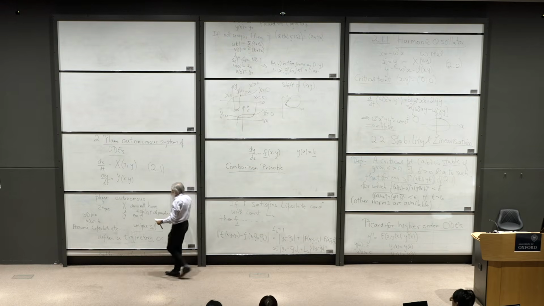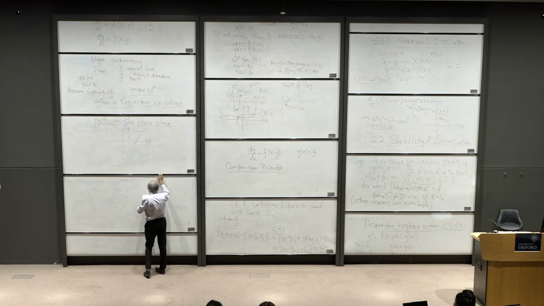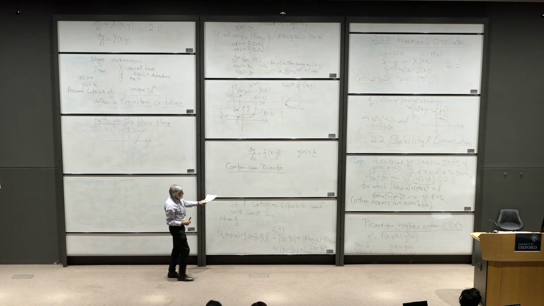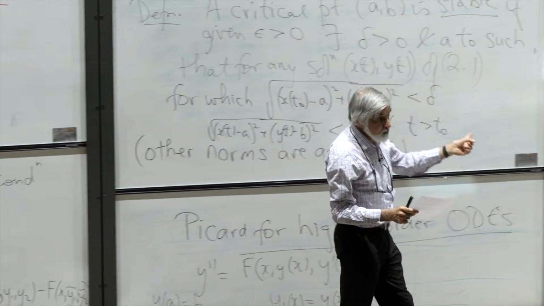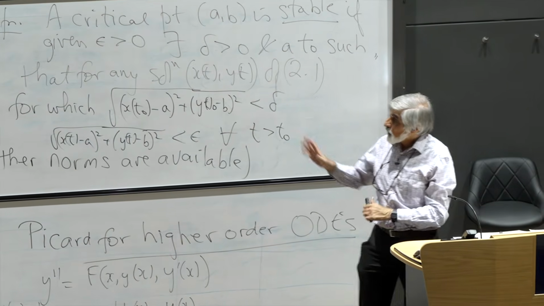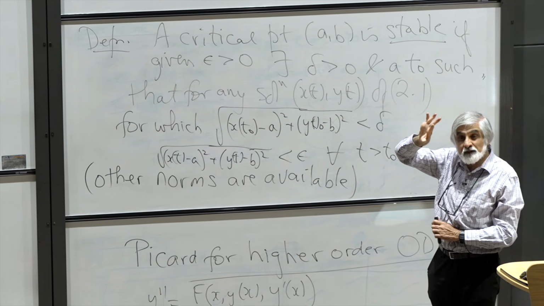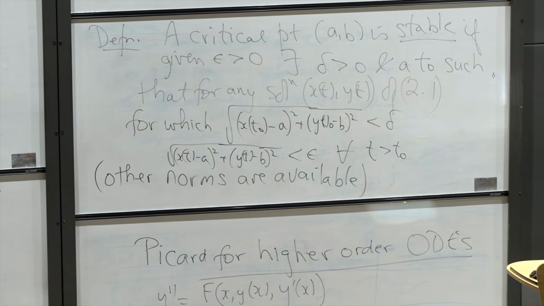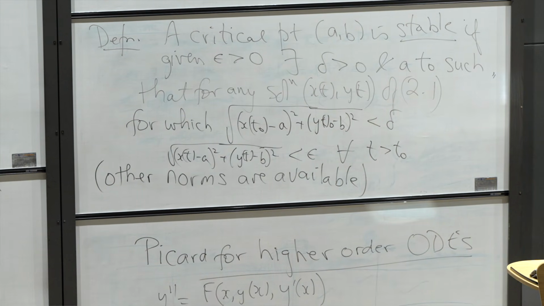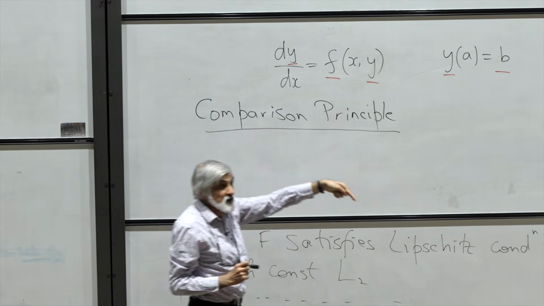So what we will do the next time is we will take the critical point, we will linearize about it. That'll give us a linear coupled system of ODEs, and hopefully you know how to solve those. You look for solutions e to the lambda t.